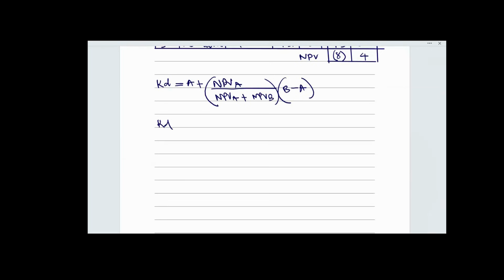So we assume 10%. 10% is higher, 5% is lower. So here will be 5 plus the NPV of the 5, which is 4, over the NPV of the lower, 4, plus the NPV of the higher, 8. So the higher discount rate of 10 minus the lower discount rate of 5.